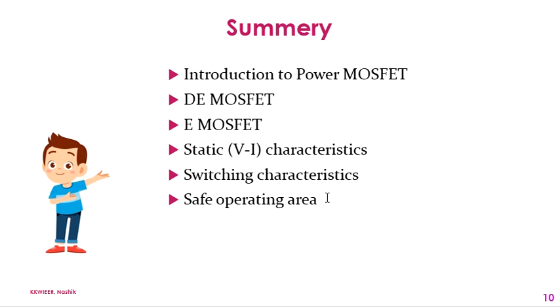And then we have seen the switching characteristics, turn on and turn off time, and safe operating area. So this is all about the power MOSFET, which is used in motor drives, UPS systems, induction heating, etc.